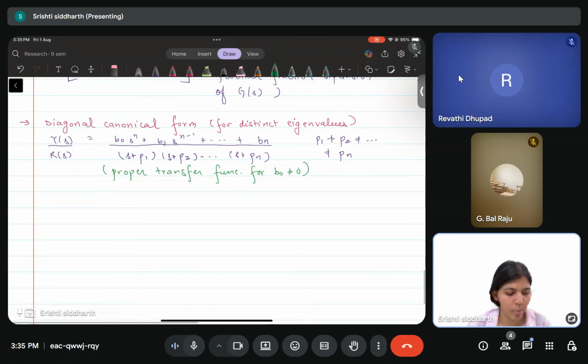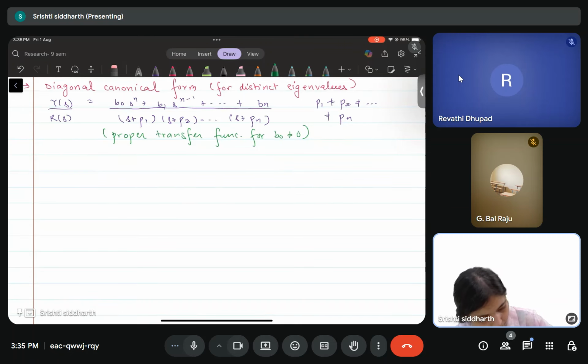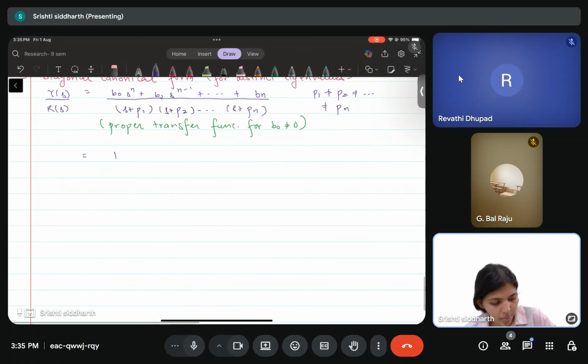Otherwise, it would be strictly proper. Okay. So we can rewrite this as b0 plus constant over s plus p1, plus c2 over s plus p2, and so on till the nth eigenvalue, that is c over s plus p.